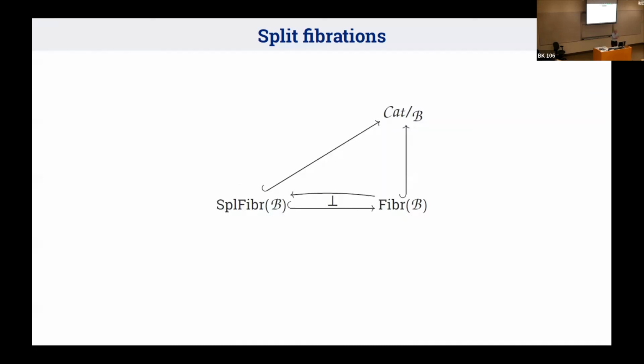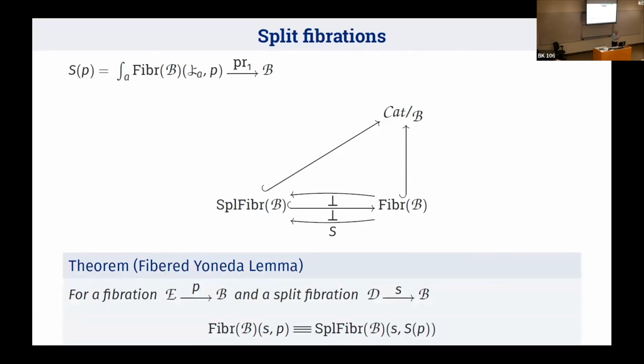And to give an overall picture of what I mentioned, I let you imagine a category of fibrations with a fixed base. There is the category of split fibrations with a fixed base, and the construction I presented of going from a fibration to a pseudo-functor and from a pseudo-functor to a fibration can be turned into a pair of adjoints in the sense of the fibered Yoneda lemma, where please note that although you would expect an isomorphism here, there is an equivalence of categories.